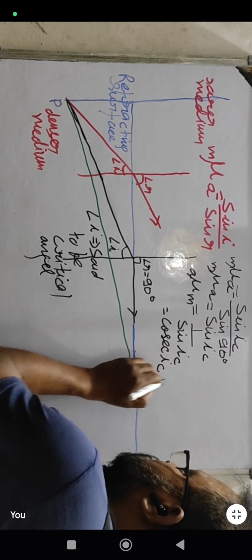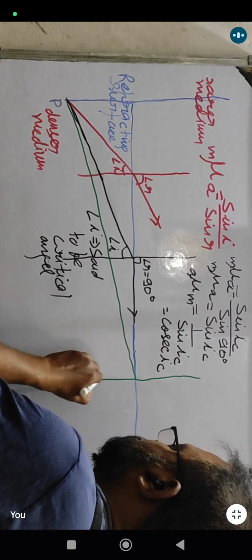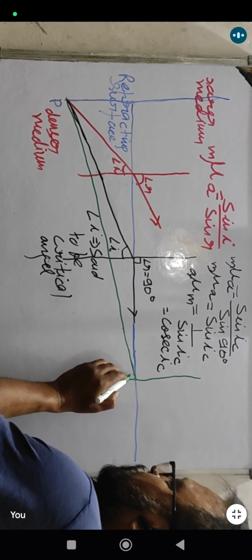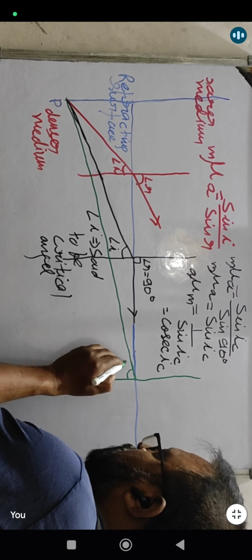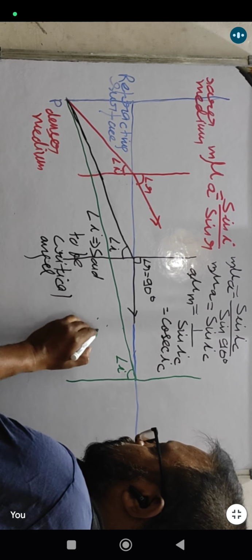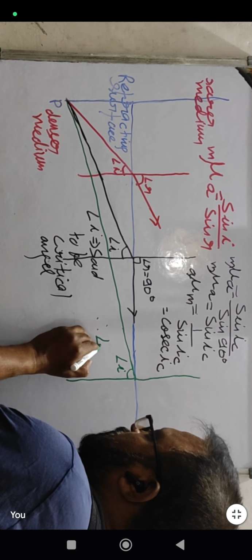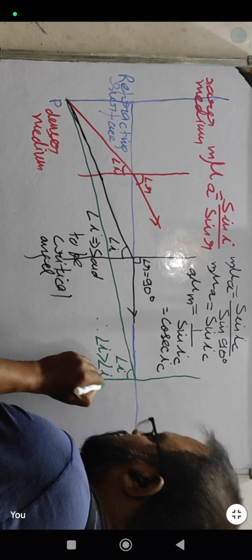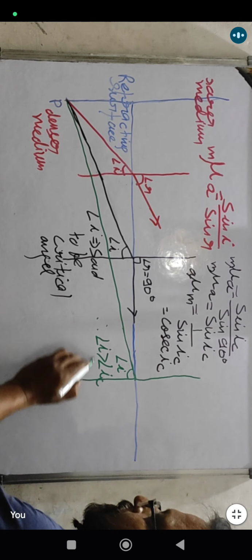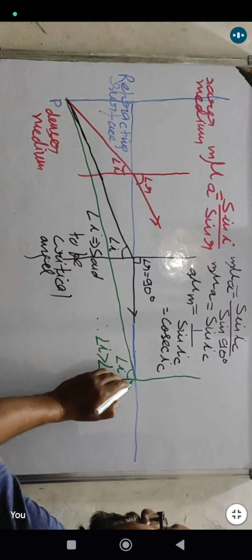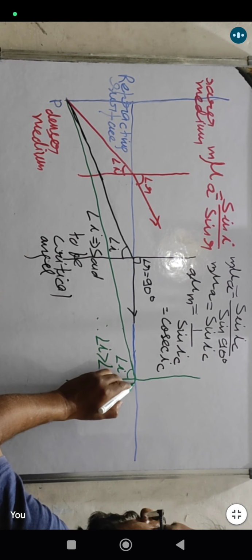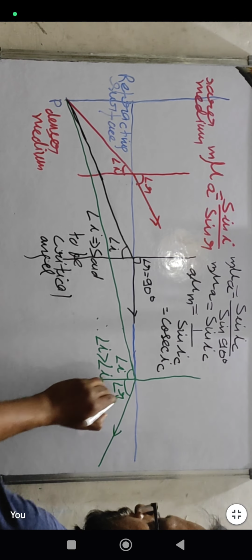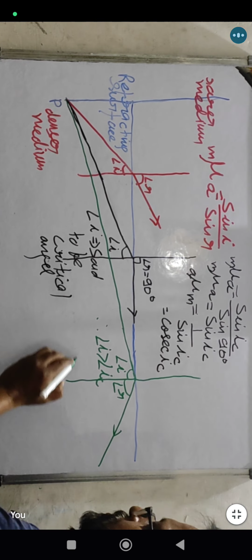When this angle of incidence, called angle I, is greater than the critical angle, then total reflection occurs, right?